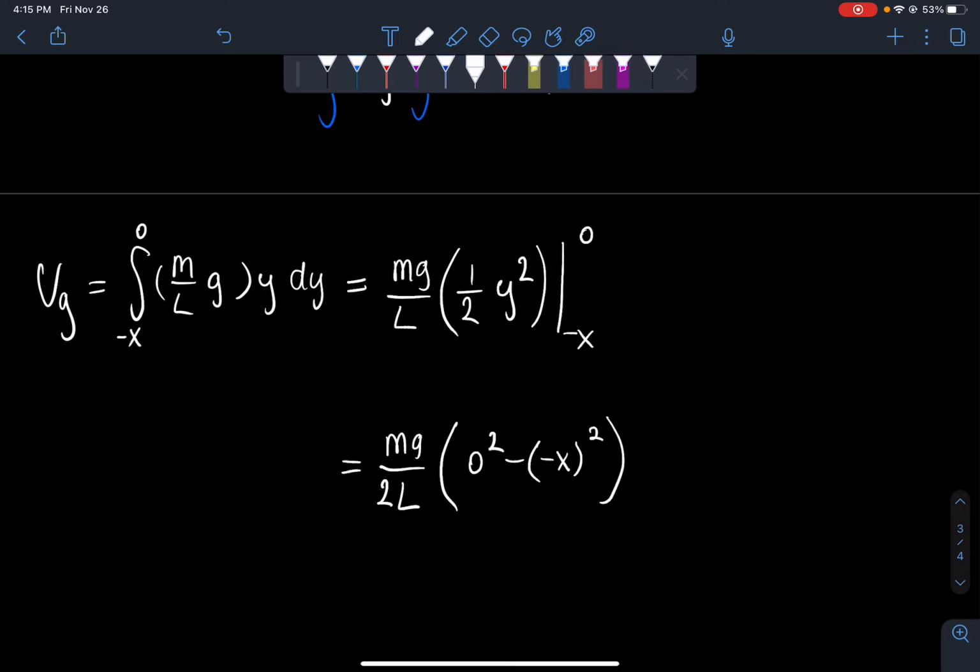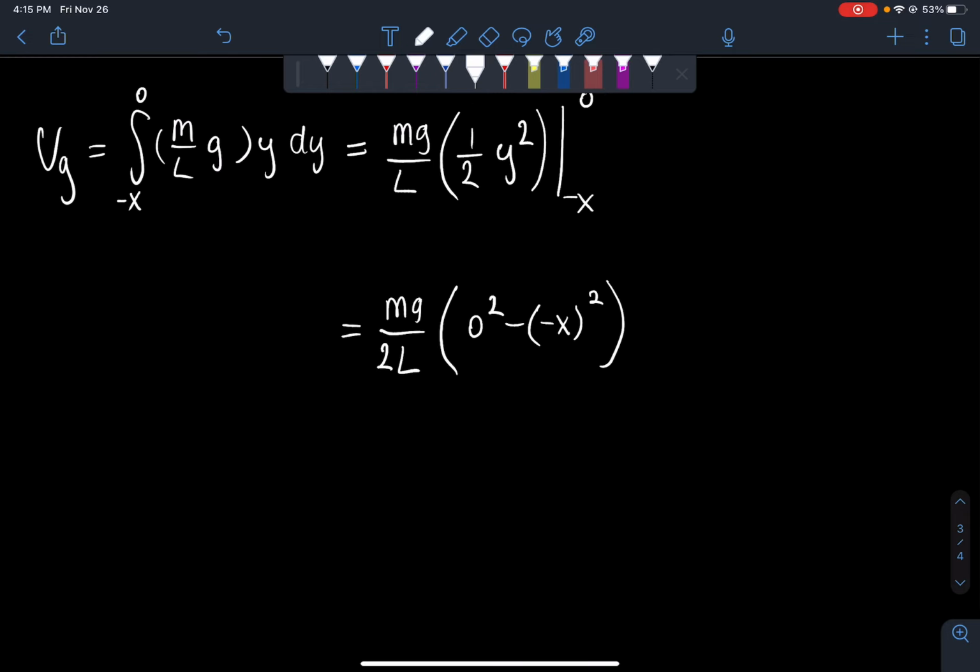So this negative x squared becomes positive, but then we're subtracting it off. So what we get, I'll write it down here, is that the potential energy is equal to negative mg over 2L x squared.